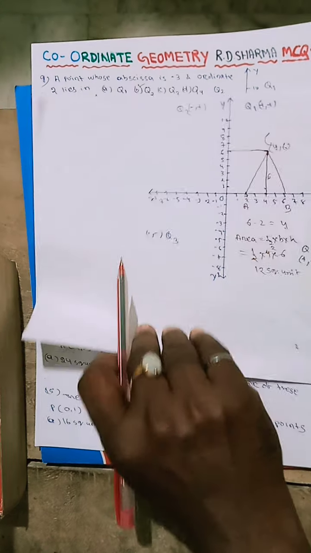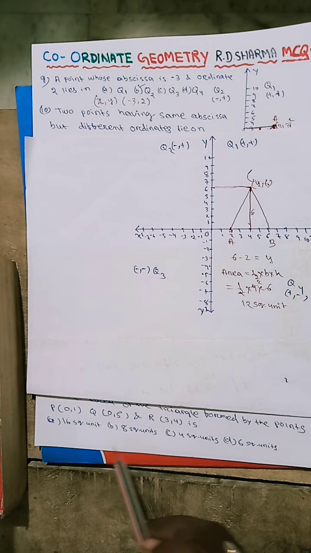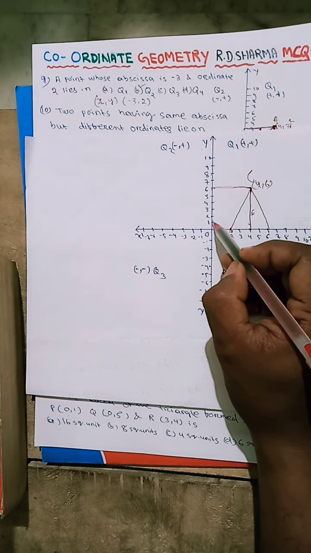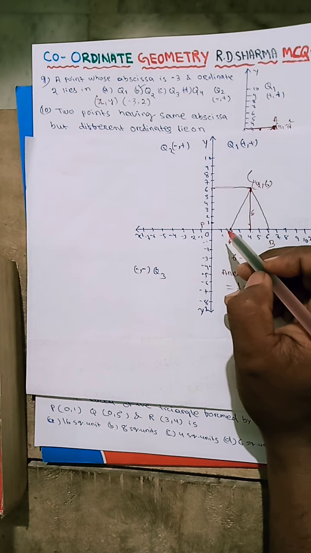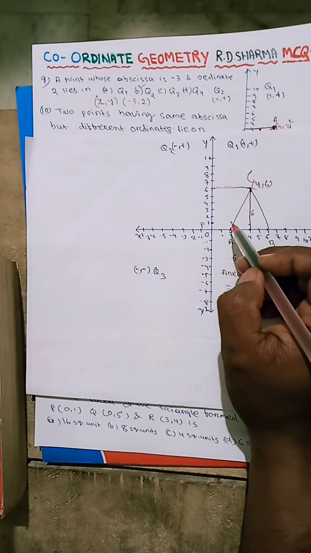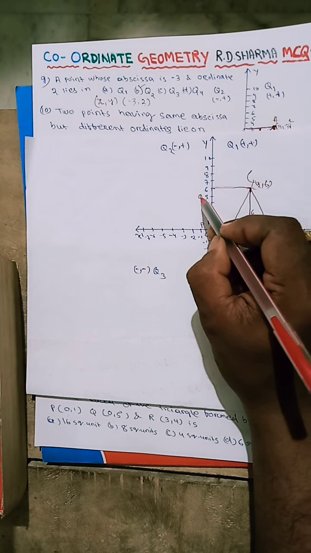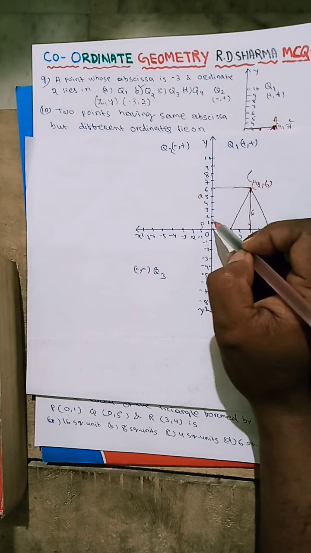And now draw the diagram. P (0, 1), 0, 1 means this point is P. Q (0, 5), 0, 5 means this point Q. PQ, the base is on the y-axis.